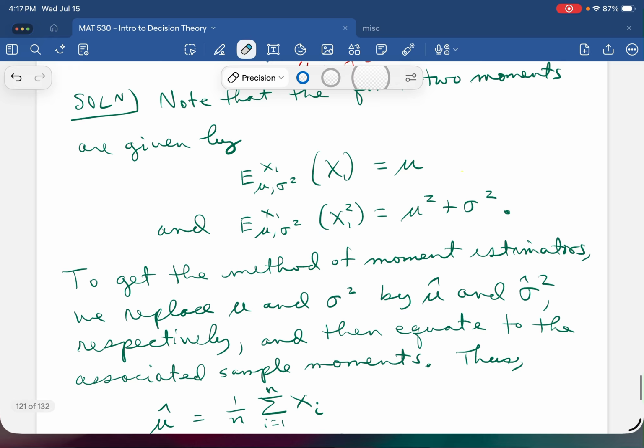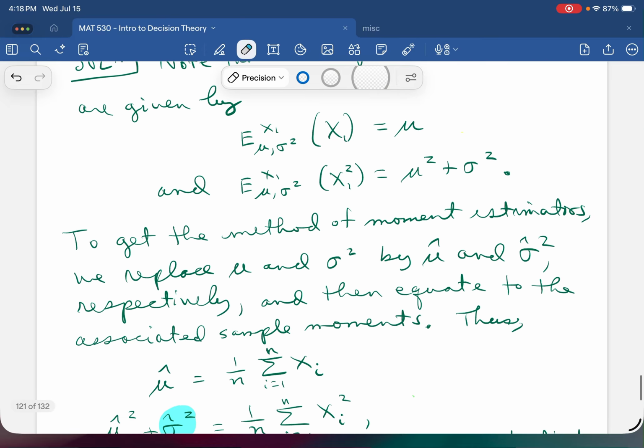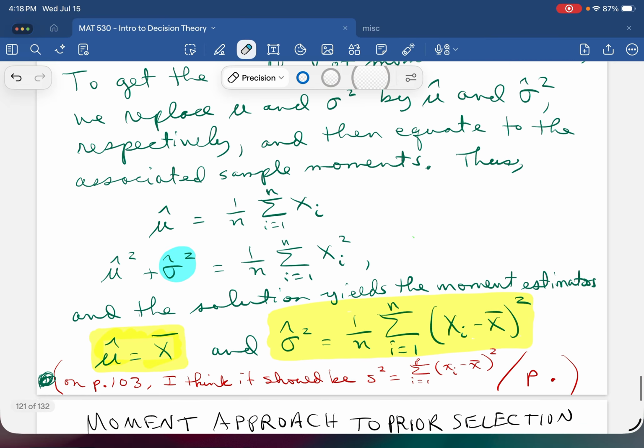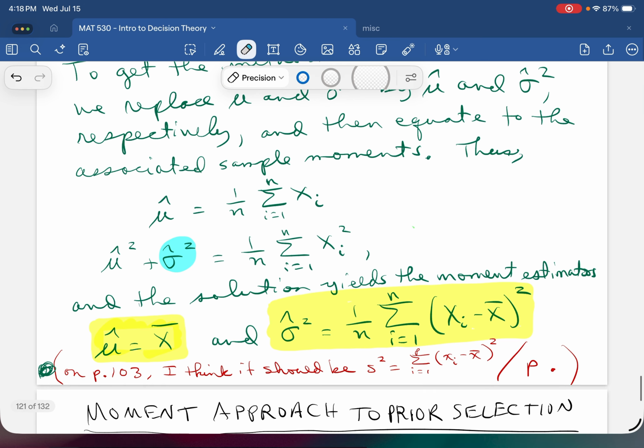So now what we're going to do is replace mu and sigma in this expression by mu hat and sigma hat, and then equate each one of those to the sample moments, and then solve that system of equations. And then that leads to the standard estimate for mu, which is x bar. And then here is not what we typically call the sample variance, but very close to that.